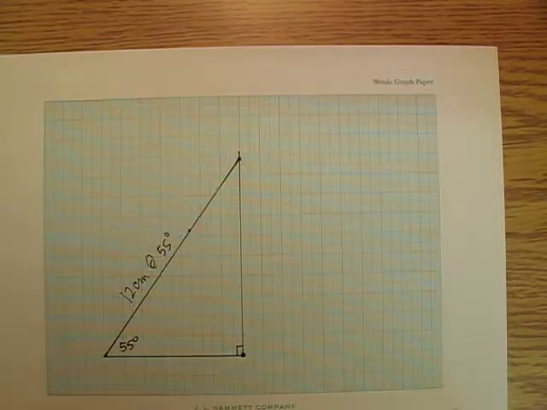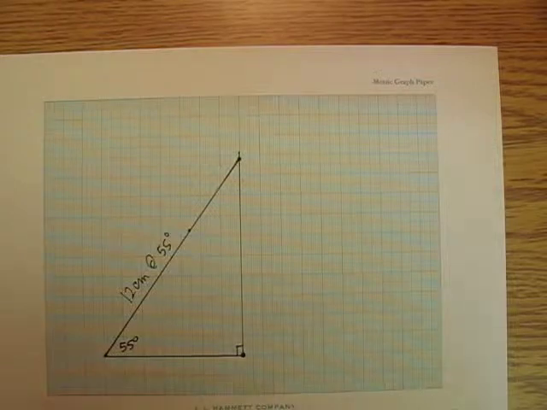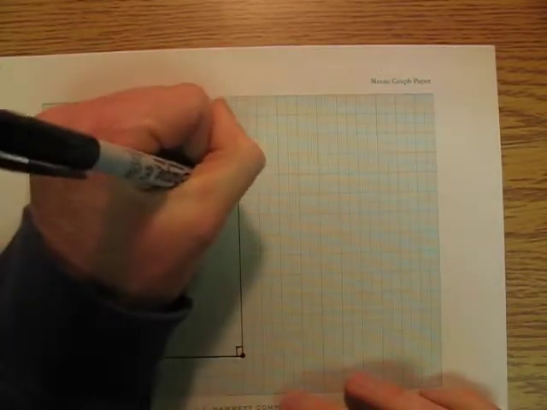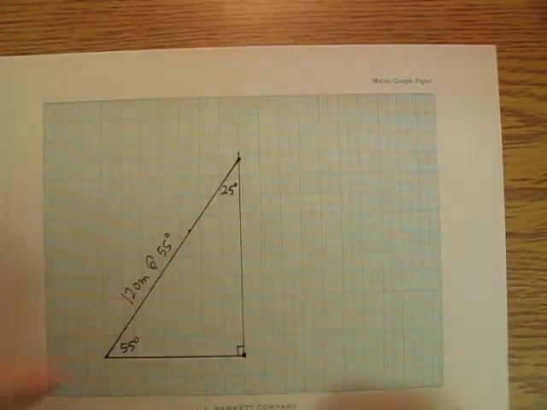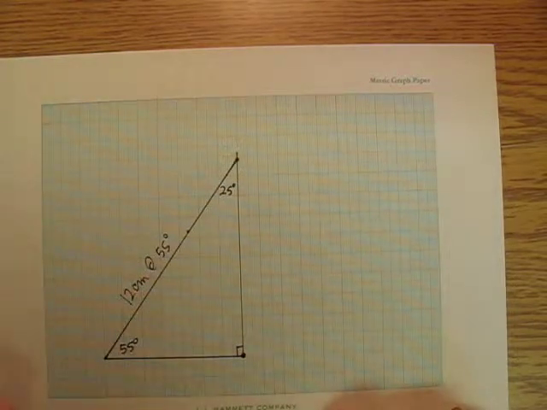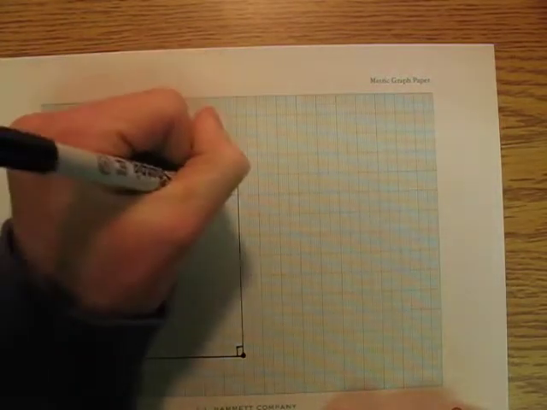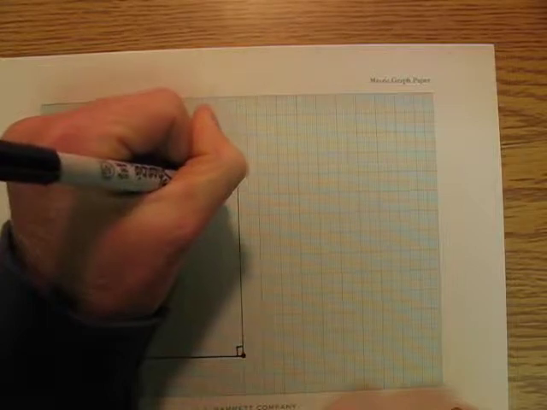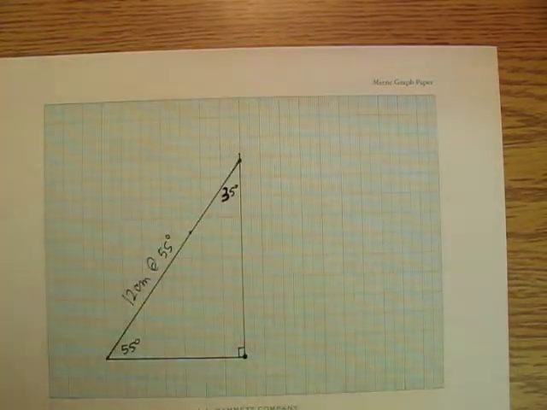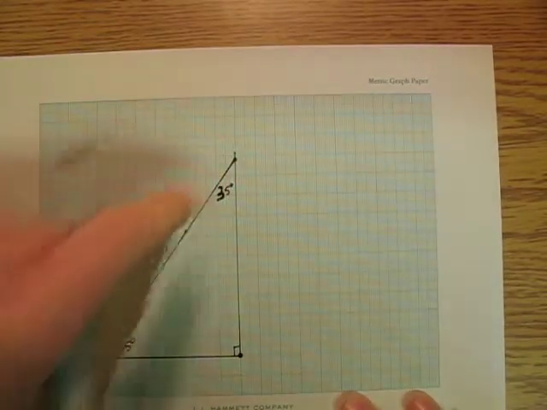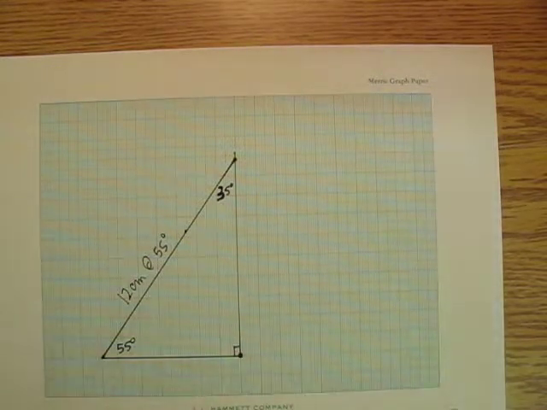So if I do 90 minus 55, I should get 25 degrees. I checked that, and I don't quite get that. I gotta make it 35 degrees.